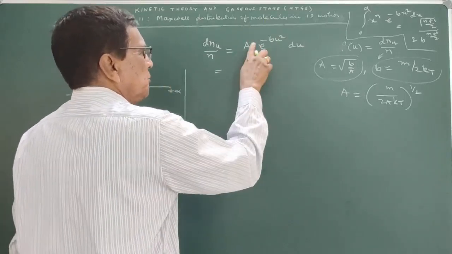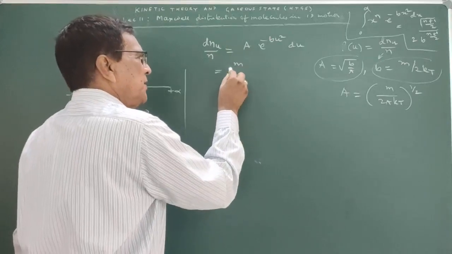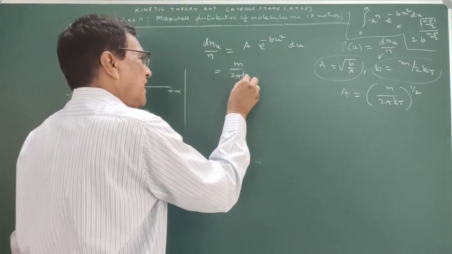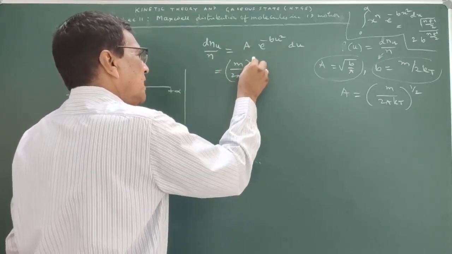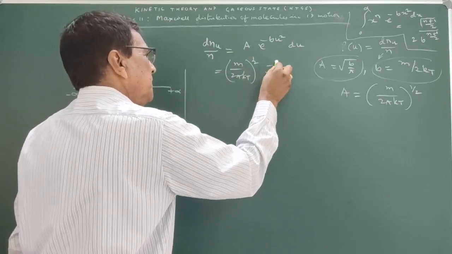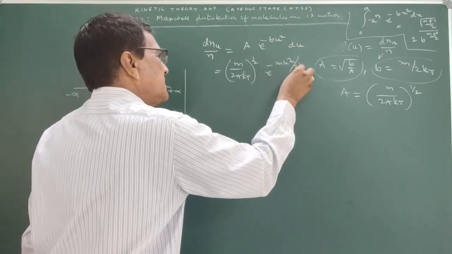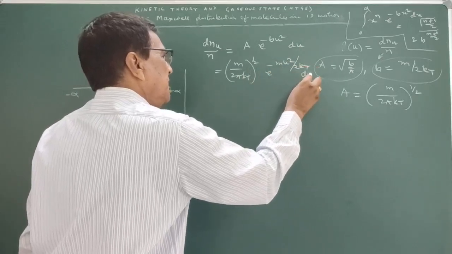Or if we put the value of A and B here, then it is m by 2 pi kT to the power half e to the power minus m u squared by twice kT du.